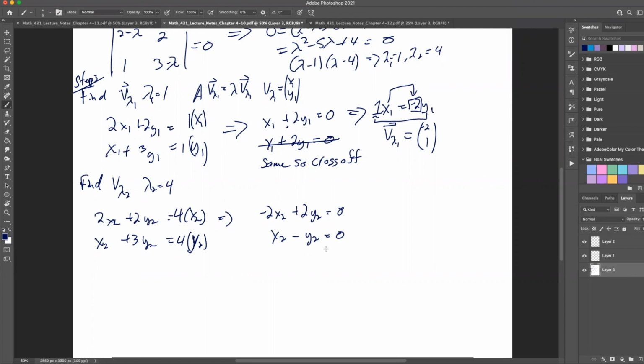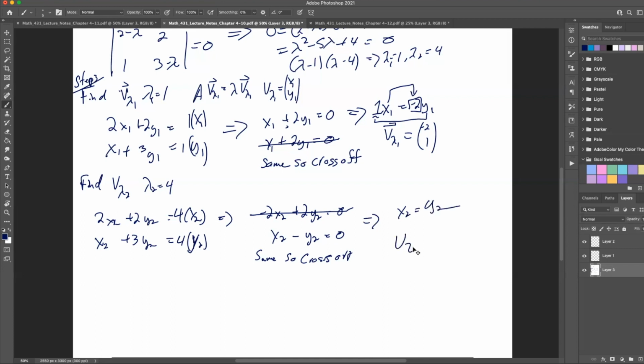I multiply this equation by -2, I get the other equation. So we'll go ahead and cross one off, and this time I'm going to cross off the top one. Why would I cross off the top one? Well, the top one's more complicated than the bottom one. That's all. So this implies that x2 equals y2.